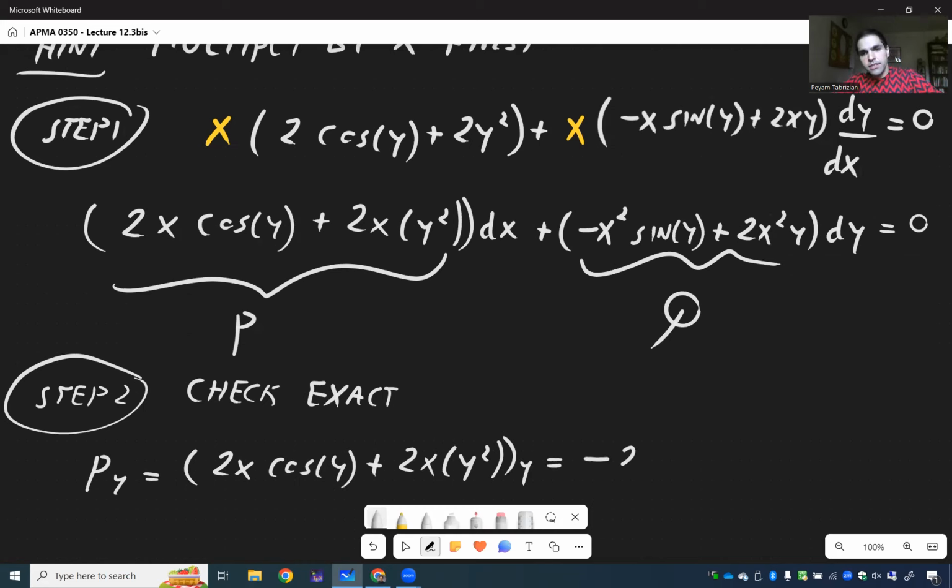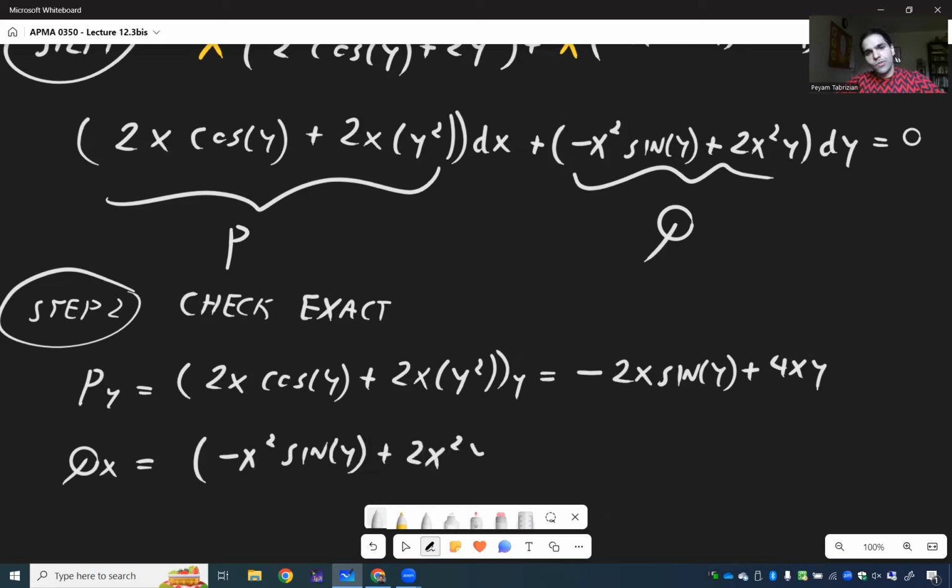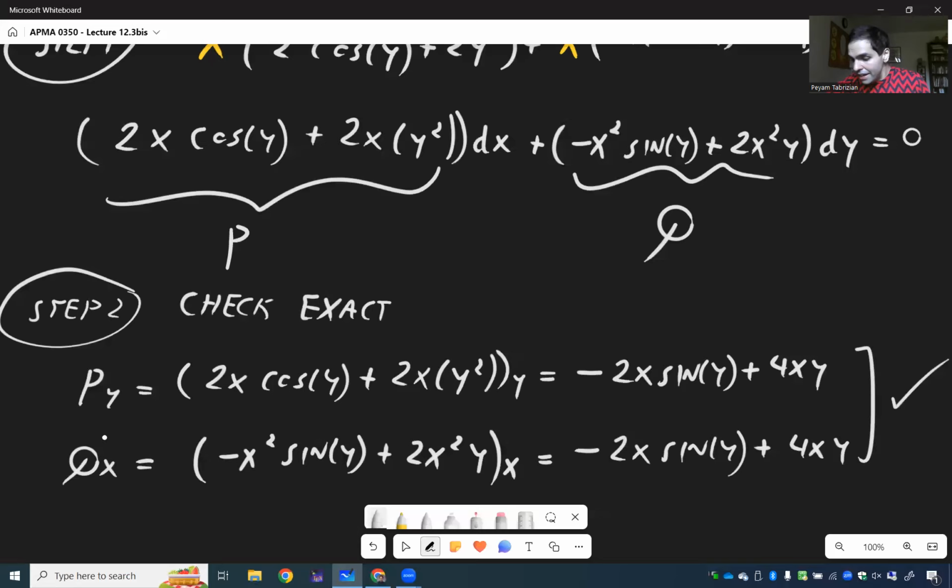So that's minus 2x sin y, and then plus 4xy. And now let's do q_x. So that becomes minus x² sin y plus 2x² y with respect to x. And that becomes minus 2x sin y plus 4xy. And it's a match, and they lived happily ever after.